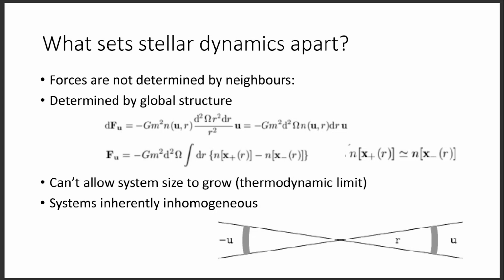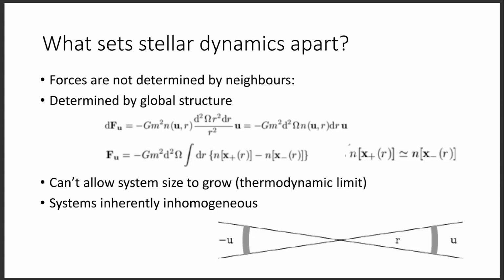In condensed matter physics, the forces come from near neighbors, and you can consider systems which are bigger and bigger and bigger, the so-called thermodynamic limit. You can't do that in the stellar dynamical case because the stars which are currently outside of the system are the ones which are actually dominating the forces. And so as you change the size of the system, you change the physics of the system.